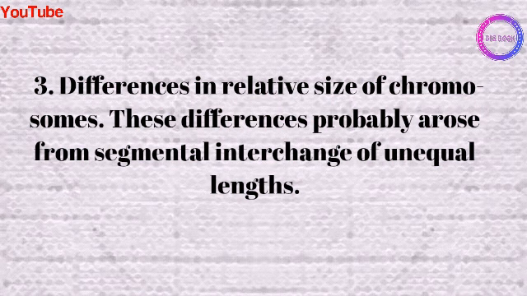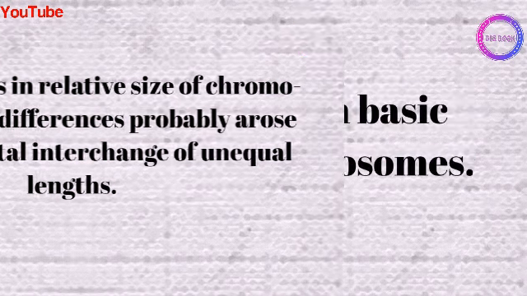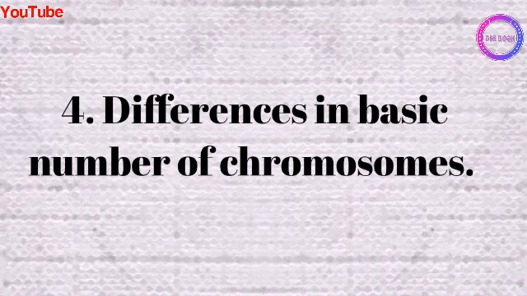That is, the translocations will take part between two different chromosomal sets. That is, in one homologous set, a part of the chromosome is going to get attached with a different homologous set of chromosomes. So this is how this can also be understood.